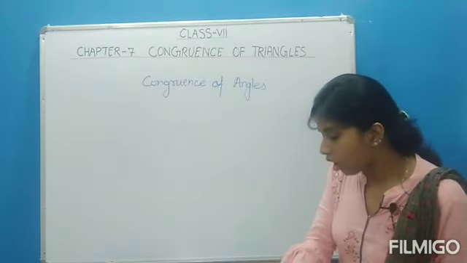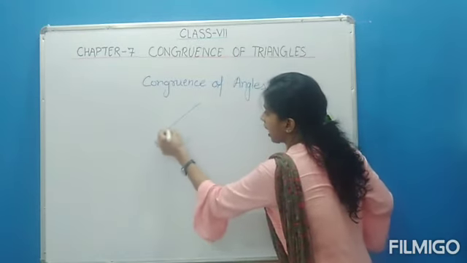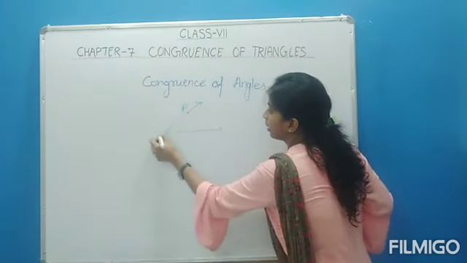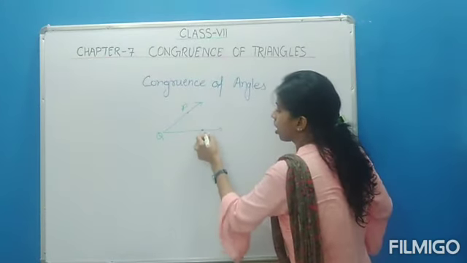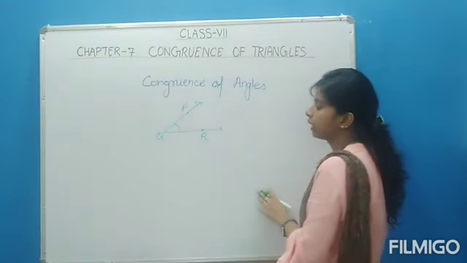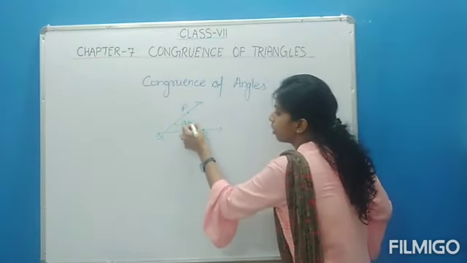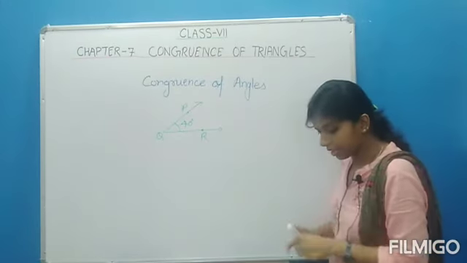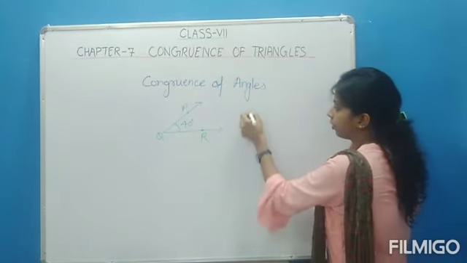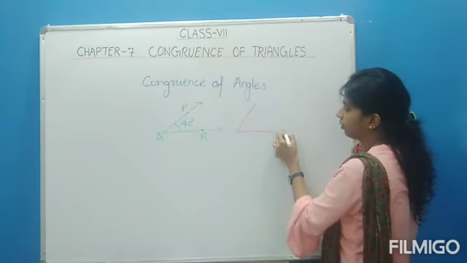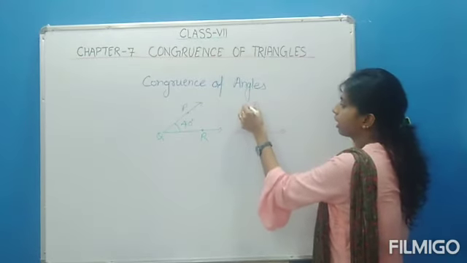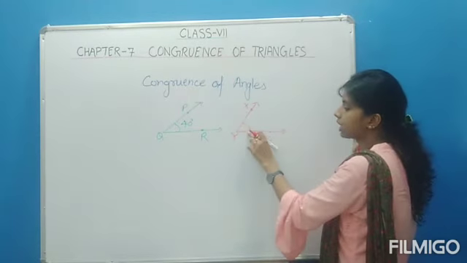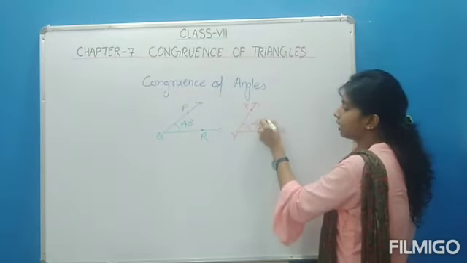If I draw two angles, like this is angle PQR, and the measurement of this angle is given as 40 degree. Now I am going to draw one more angle, angle XYZ, and the measurement of this angle is given as 45 degree.